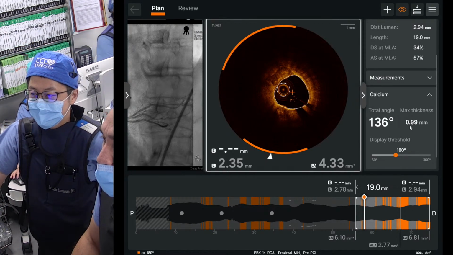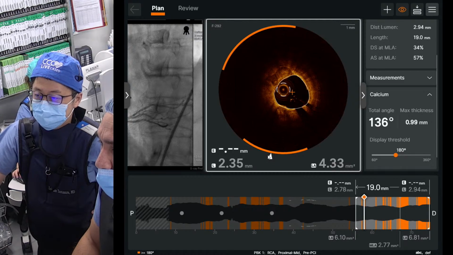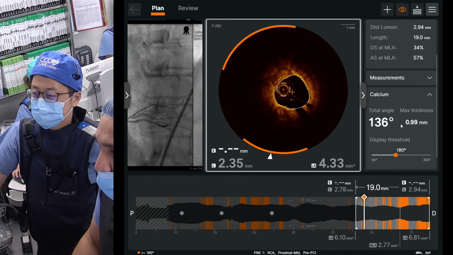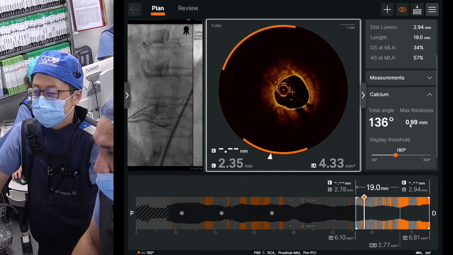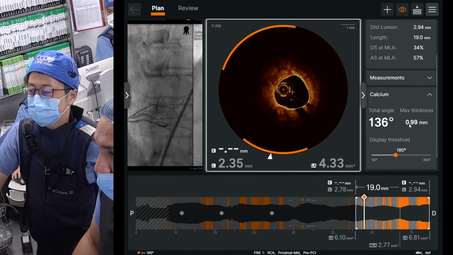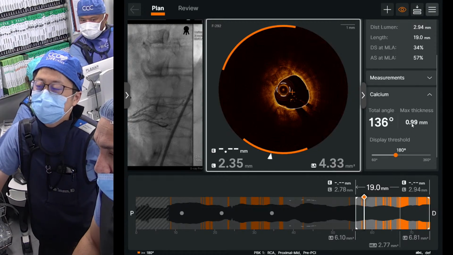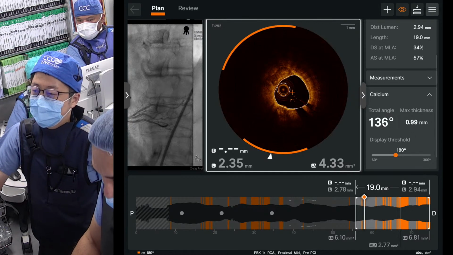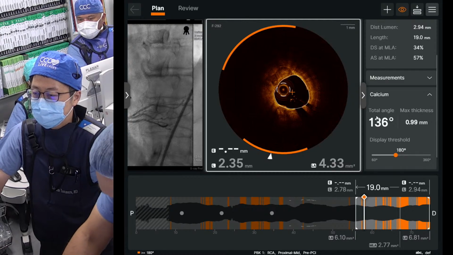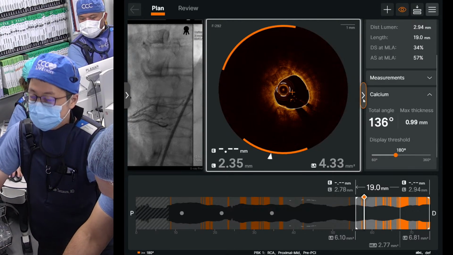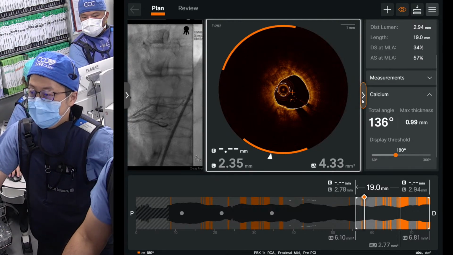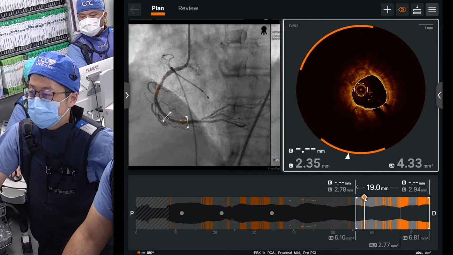The arrow shows the thickest part of this cross section. The maximum thickness is 0.99, more than 0.5, so it's thick calcium, but the angle is less than 180 in this cross section.